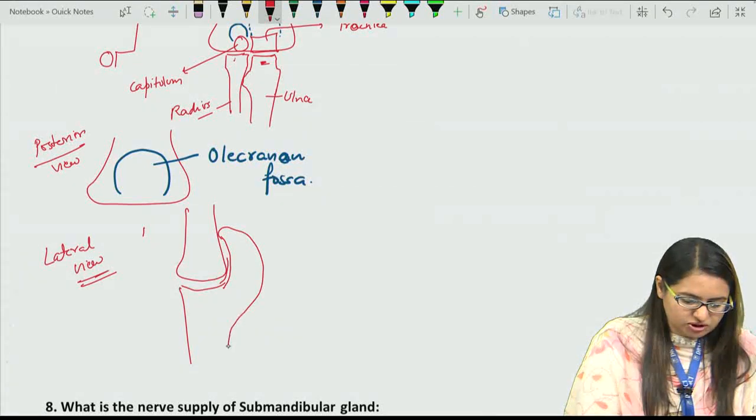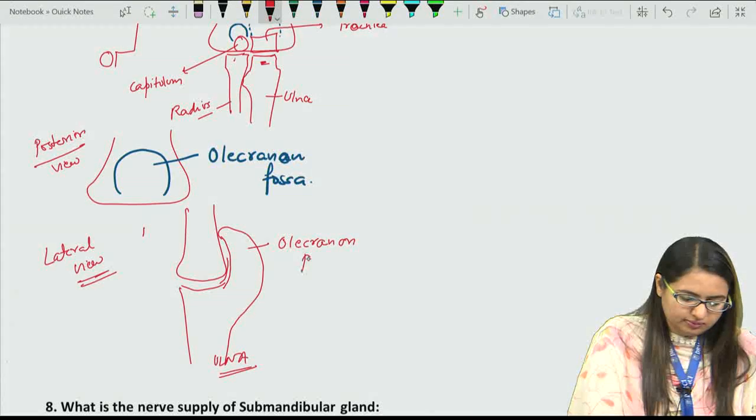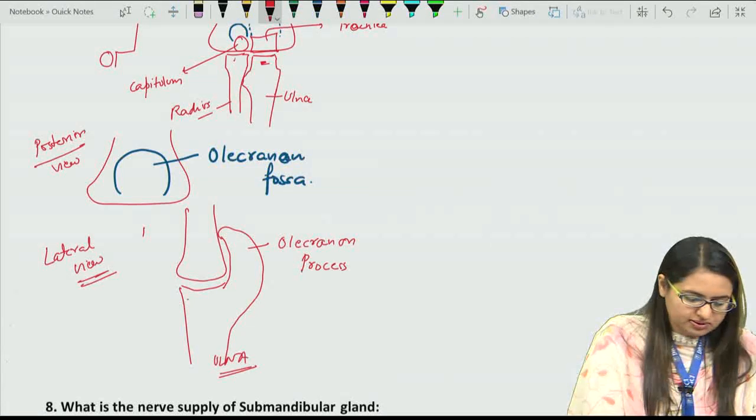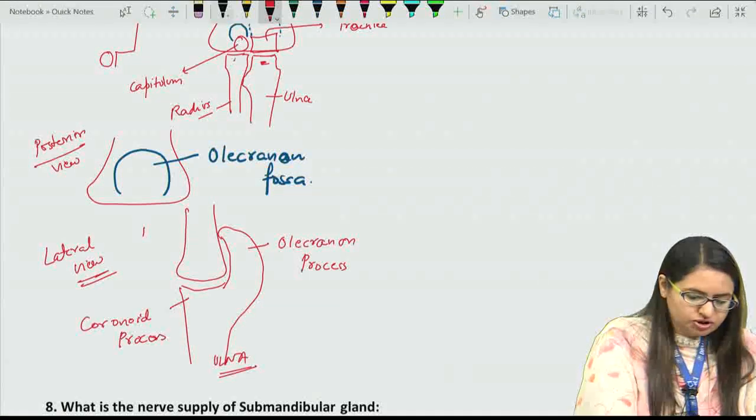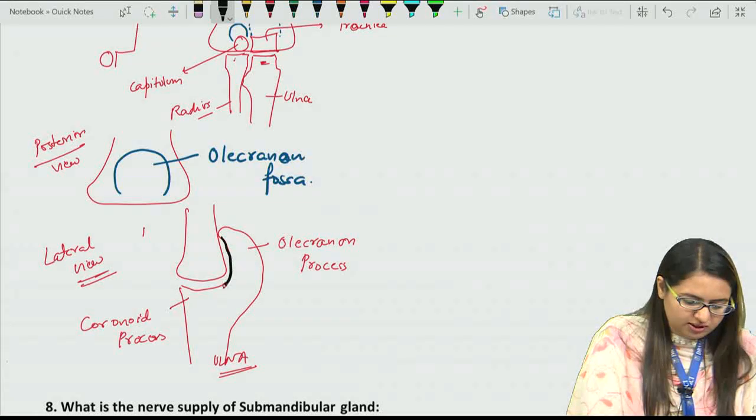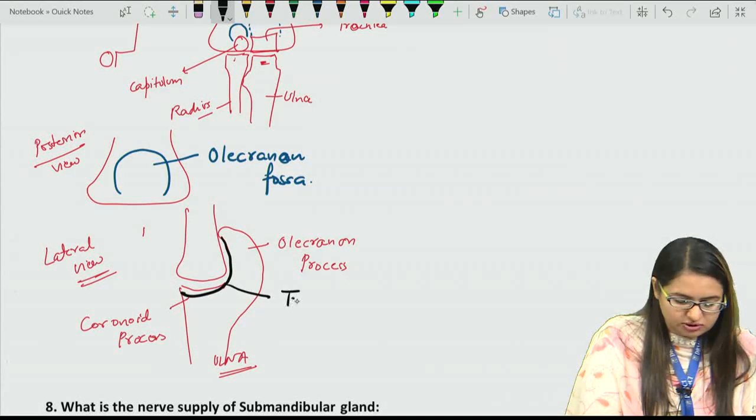The ulna sends a projection towards the upper side, which is the olecranon process. This is the coronoid process towards the anterior side. The U-shaped notch extending from anterior to posterior is the trochlear notch.